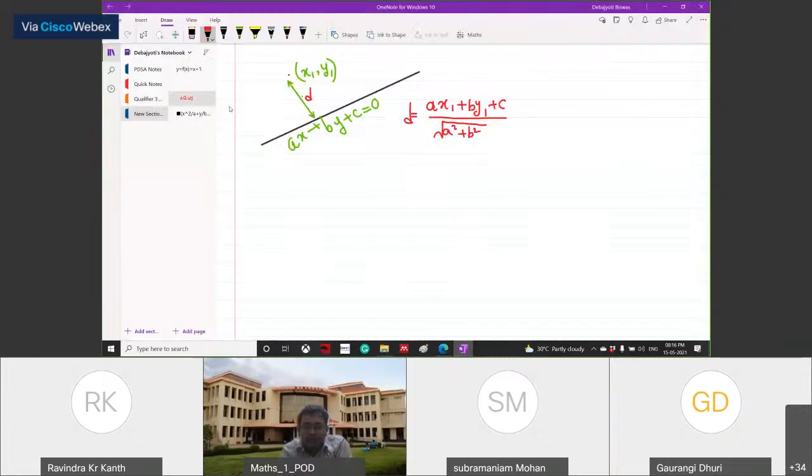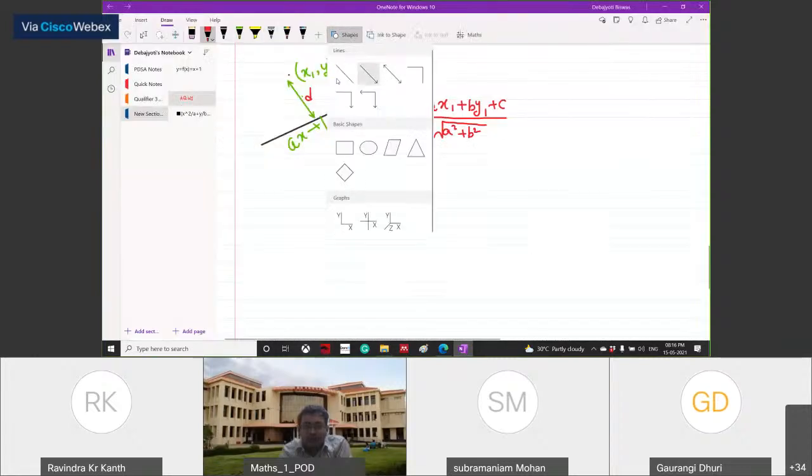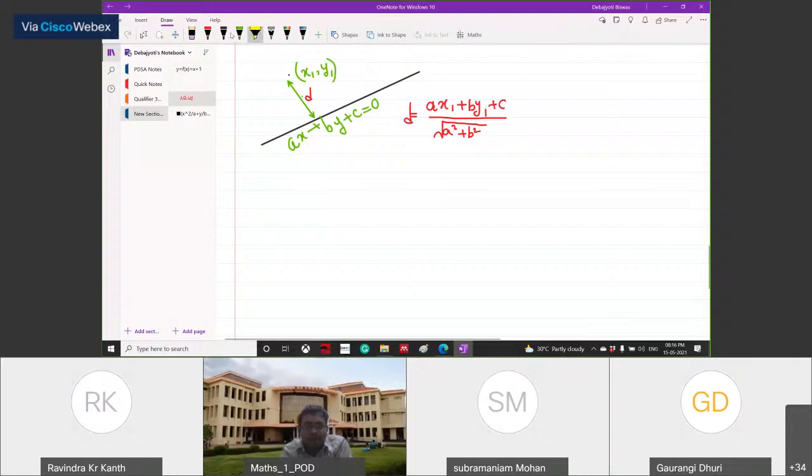So if another parallel line is there, then it is ax plus by plus c2 equals to 0, and this is ax plus by plus c1 equals to 0.